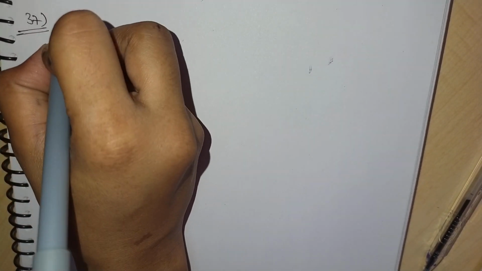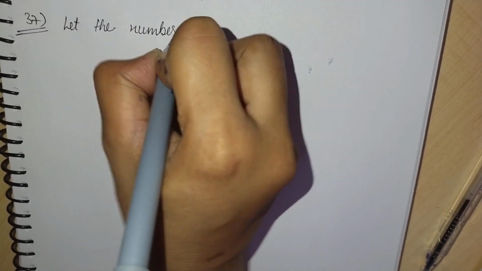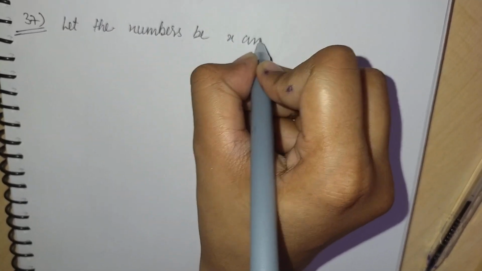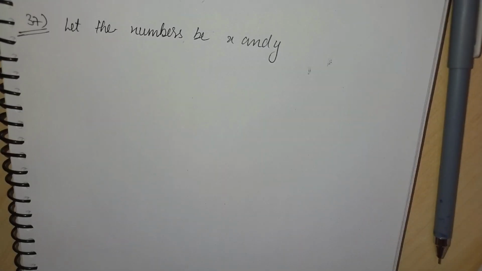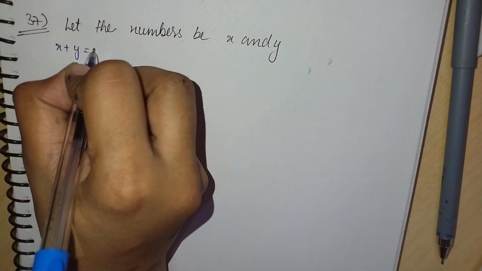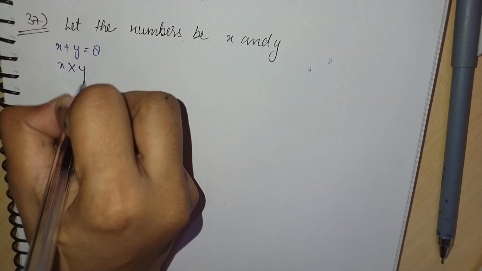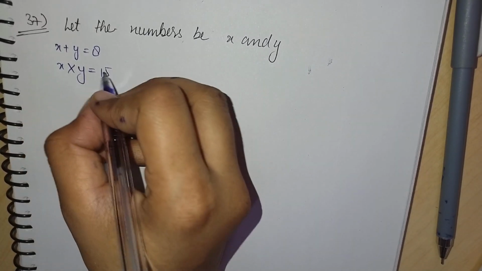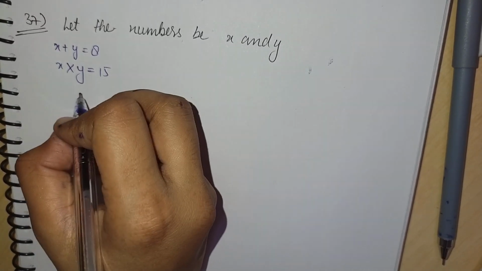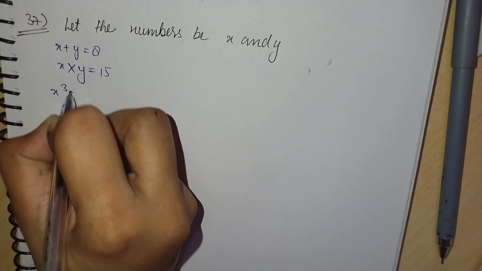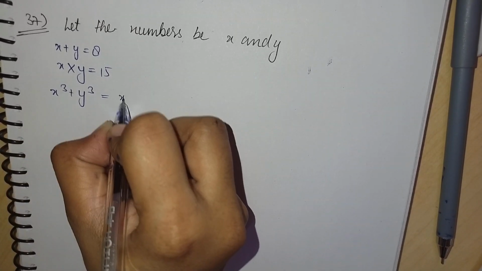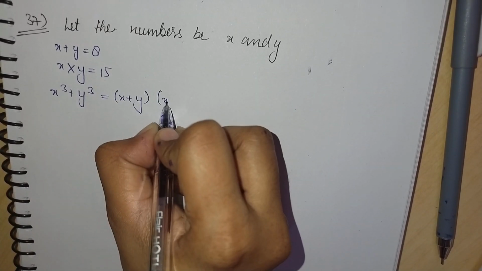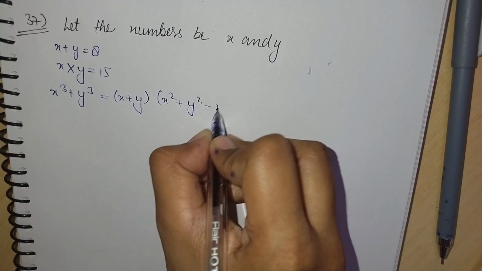Let us solve the 37th question here, which says that if the sum and the product of two numbers, let the two numbers be x and y, are such that x plus y is equal to 8 and x into y is equal to 15. Firstly we will find the value of x cube plus y cube, we will apply the formula (x plus y) times (x square plus y square minus xy).